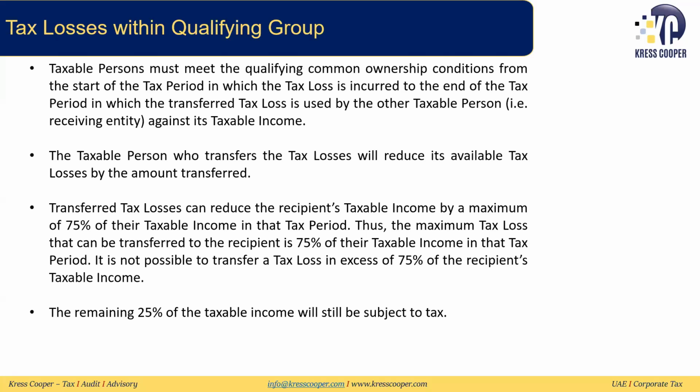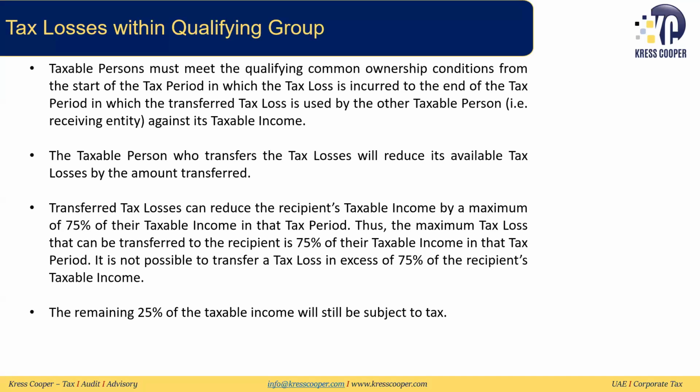Now, in terms of the common ownership condition, the taxable person has to meet this qualifying common ownership condition from the start of the tax period in which the tax loss is incurred. Meaning, from the time that company A incurred the tax loss till the time that it is transferred and used by the other taxable person, let's say company B, when it's utilizing it.